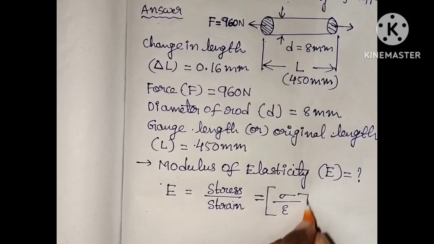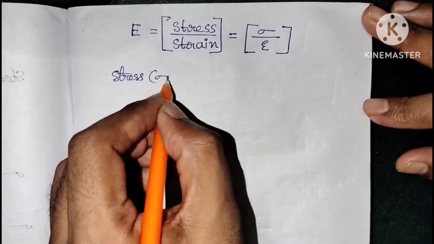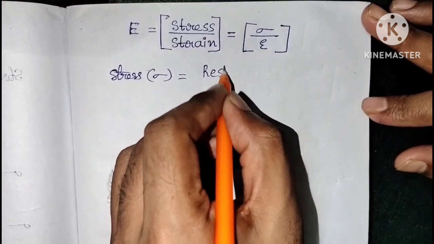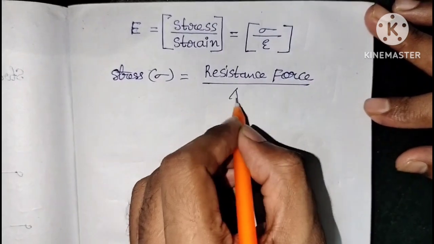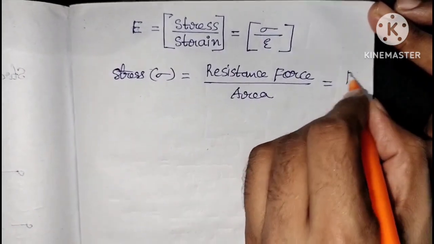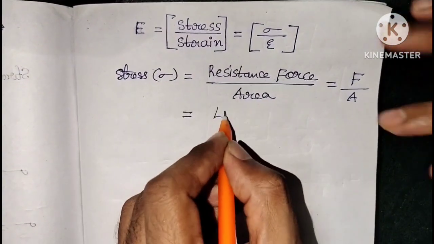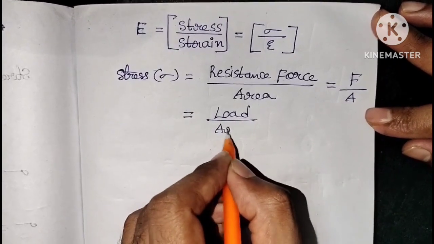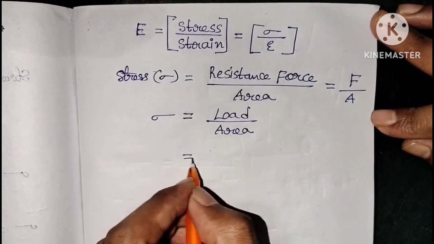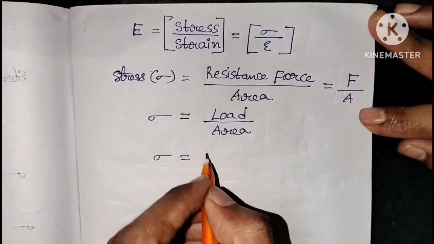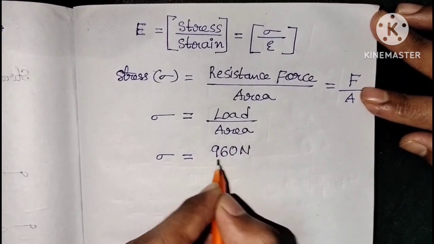Stress sigma is equal to resisting force by area, or simply load by area. Here the applied force is 960 newtons.